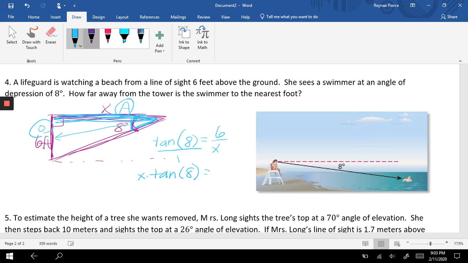Treat this like a proportion and cross multiply. We get x times the tangent of 8 is 6. And now we divide both sides by the tangent of 8. And rounded to the nearest foot, we get 43 feet.